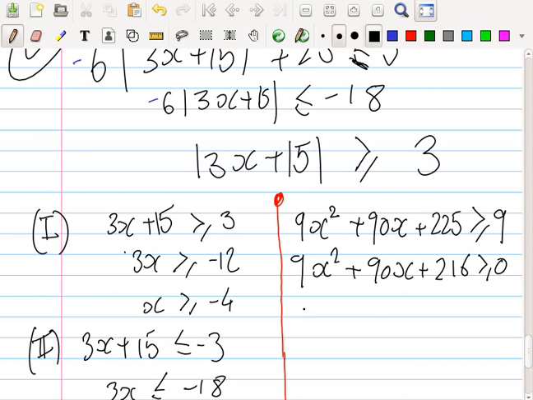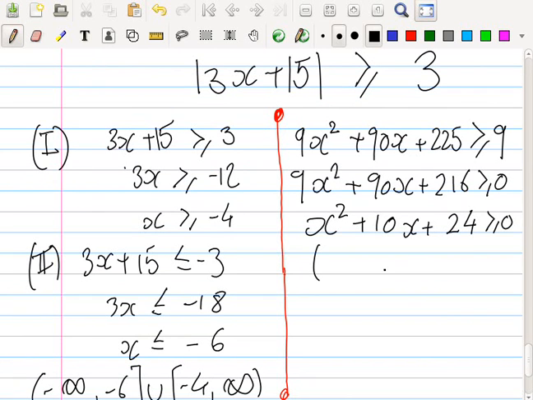I can divide everything by 9, I think. 216 divided by 9 is 24, is it? Yep. Great. This quadratic has two answers, plus 6 and plus 4. Sorry, minuses.